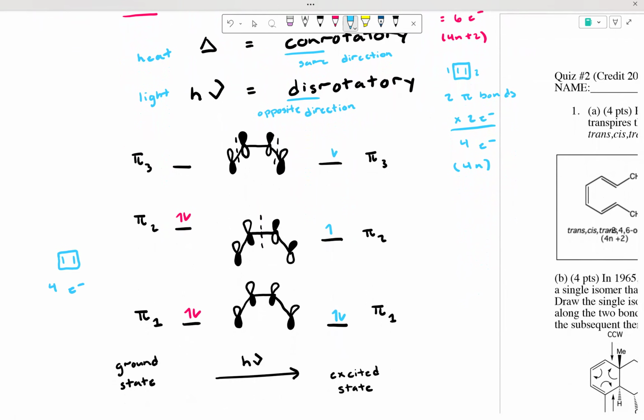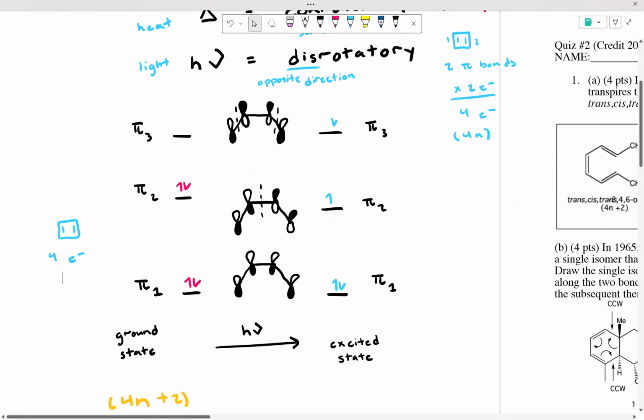So we could think this is our butene molecule. Since it has 4 electrons, we're going to fill up the first energy level, which is pi 1, with 2 electrons, and then pi 2 with 2 electrons in our ground state.